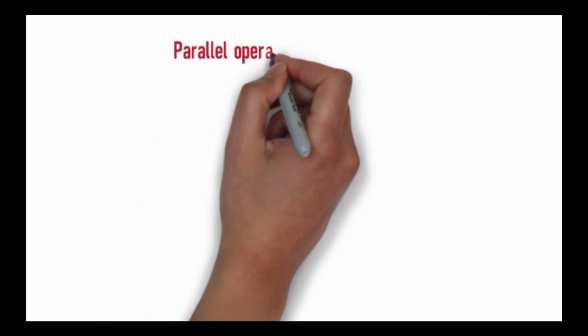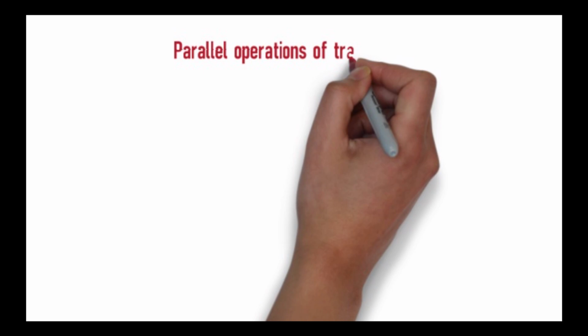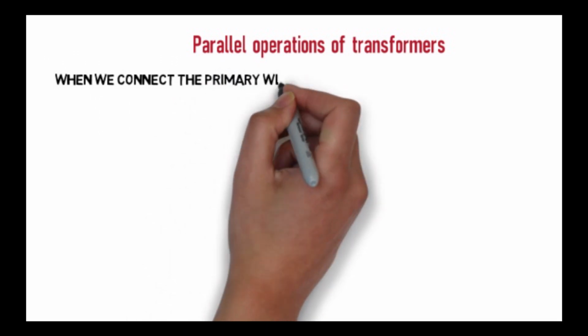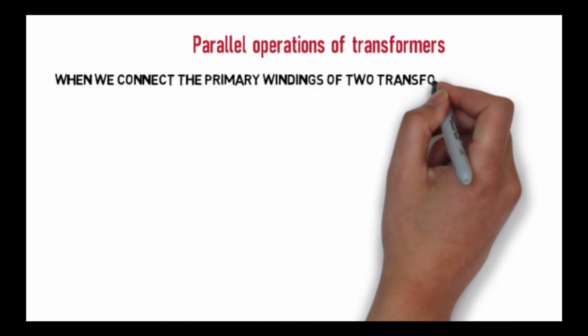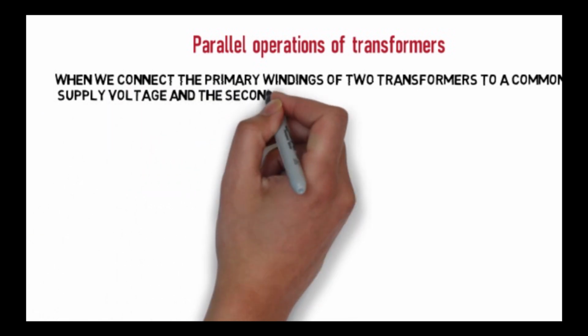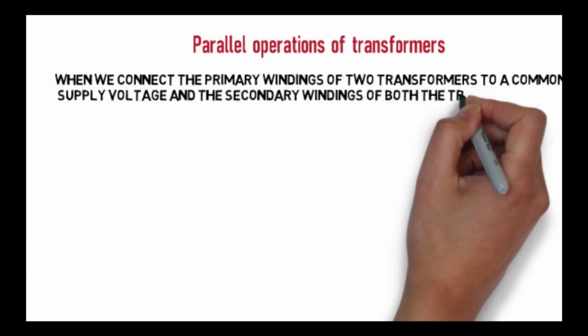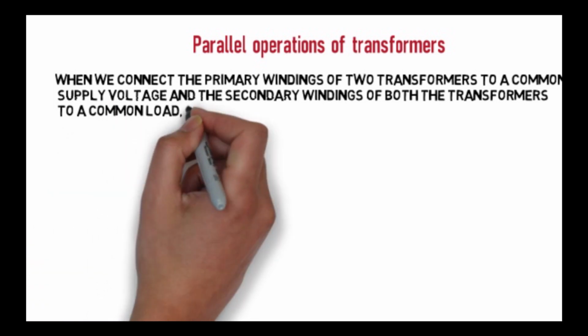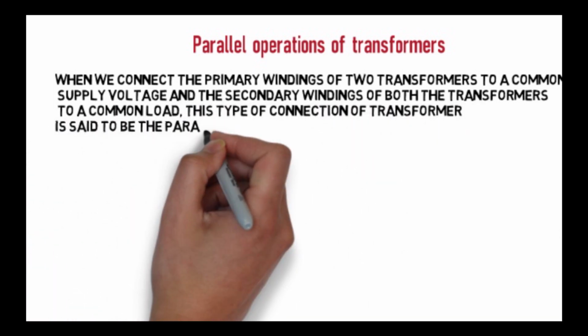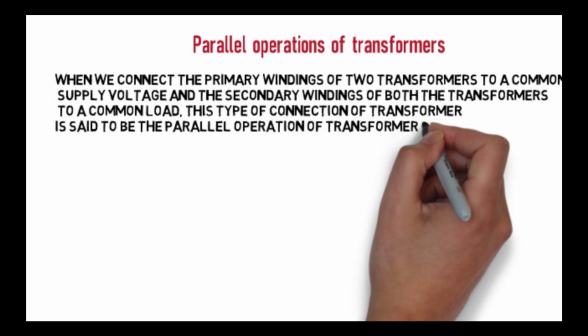Parallel operation of transformers. What is a parallel operation of transformers? When we connect the primary windings of the two transformers to a common supply voltage and the secondary winding of both the transformers to a common load, this type of connection of transformers is said to be the parallel operation of transformers.